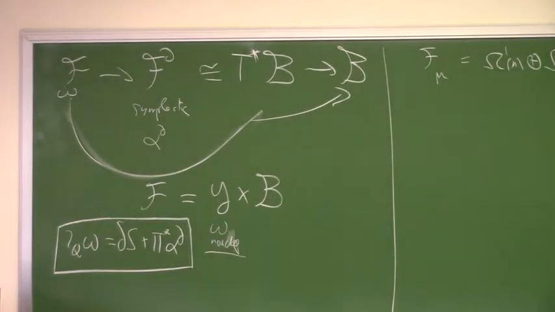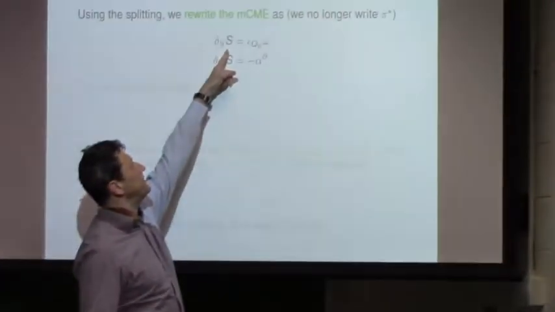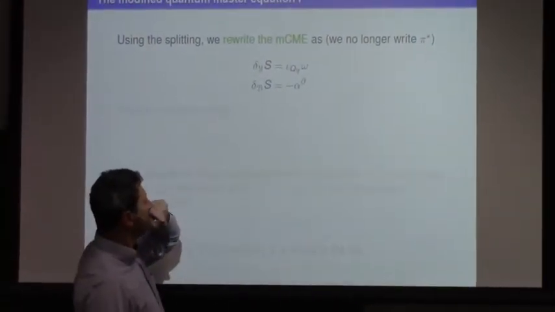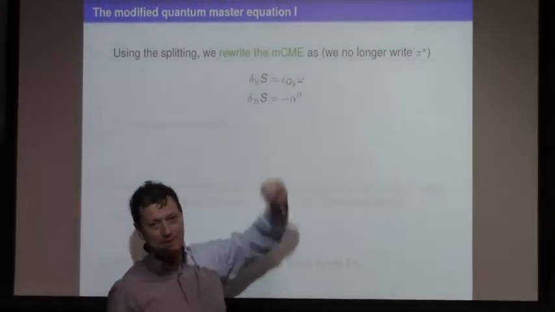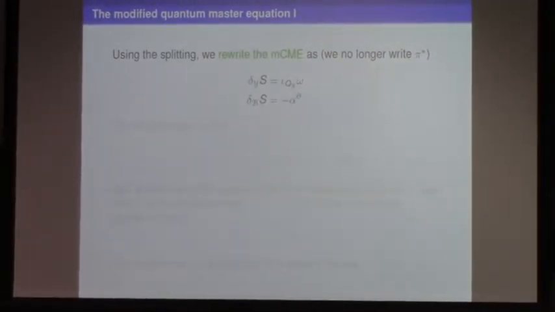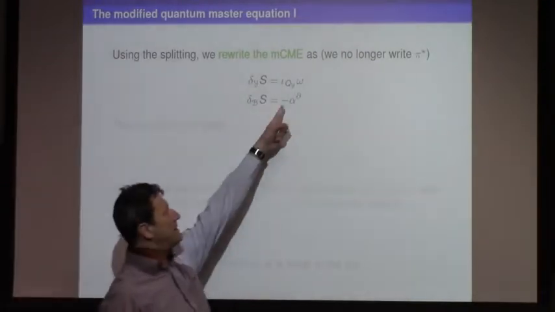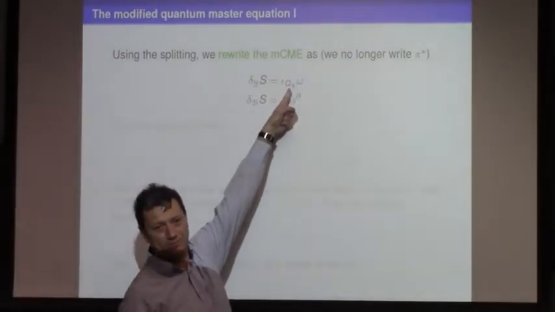In particular, if I look at the one-form along the fiber, I see the differential of S along the fiber, and then I only see the contraction of Q with omega. I don't see alpha, because by assumption alpha vanishes on the fiber. In addition, since omega doesn't have a base component, I only see the Y component of Q.